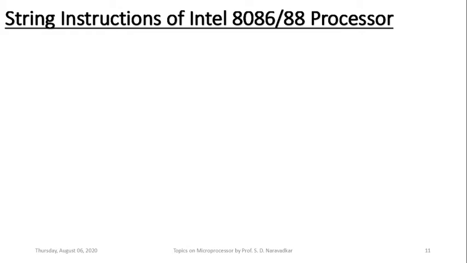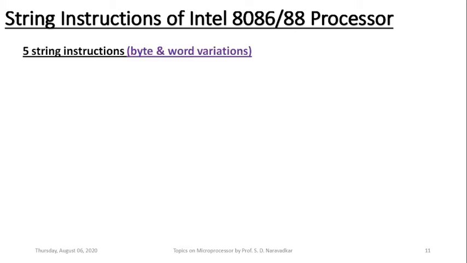Okay, now let us see all these string instructions at a glance on this screen, and then the detailed explanation thereafter. So here are 5 string instructions, and each instruction has a byte variation and a word variation. So in all there will be 10 instructions.